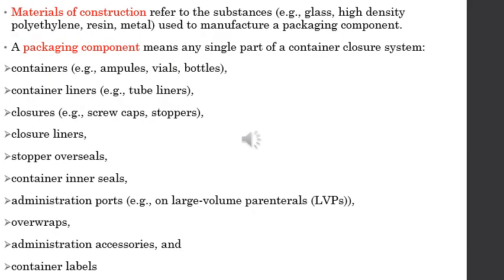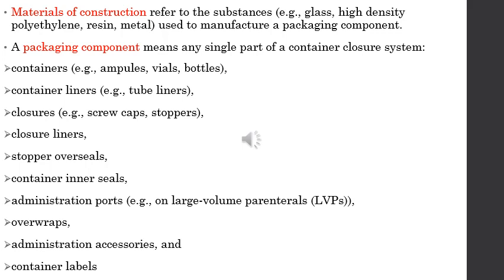Next term is material of construction. This is nothing but the material which is used for preparing a container or a closure. So it can be glass, it can be plastic, resins, metals. Then next term is the packaging component. Component is a single part of the container closure system.